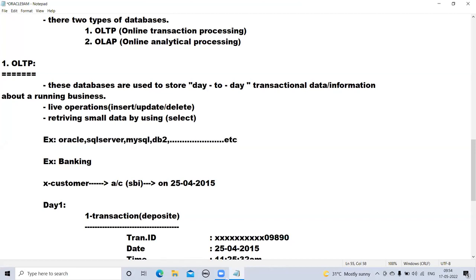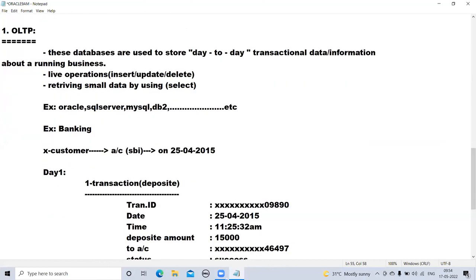Whatever I said in the last session, the popular databases I gave, those all come under OLTP database software. Oracle, SQL Server, MySQL, DB2, Sybase, Informix, Ingres, Teradata: these all come under the OLTP database category.